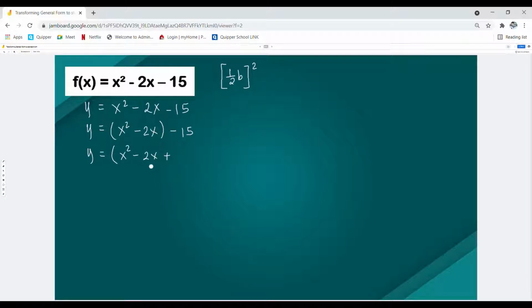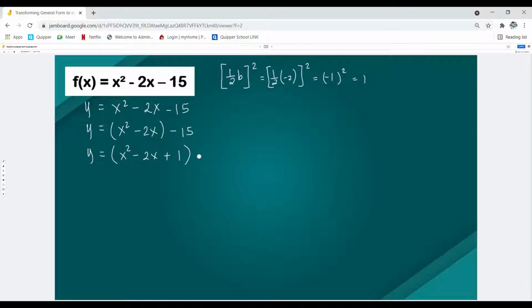And our b here is negative 2. What is half of negative 2? One half of negative 2 is negative 1. You need to square that negative 1, so that's a positive 1. Therefore, you're going to write 1 here as your third term.